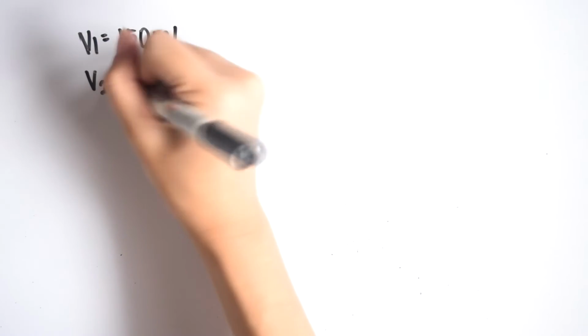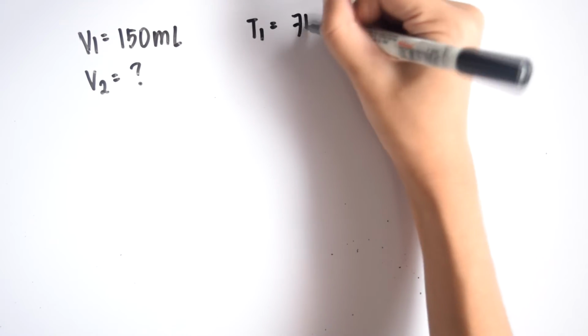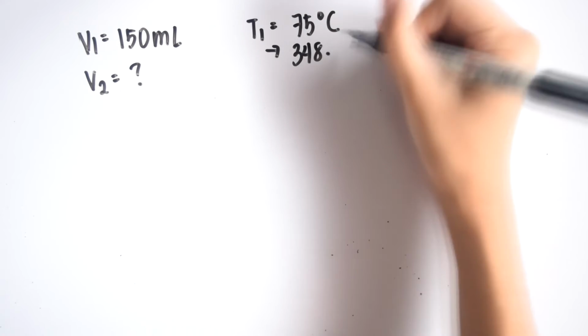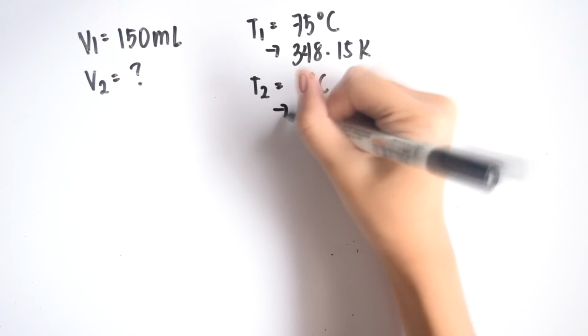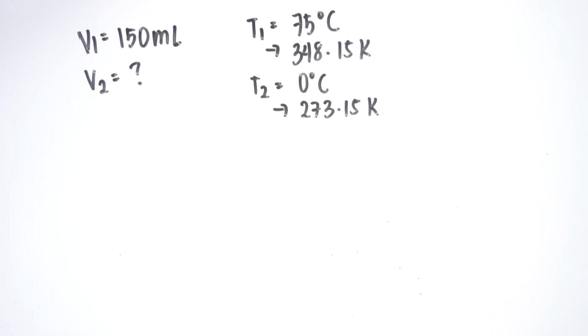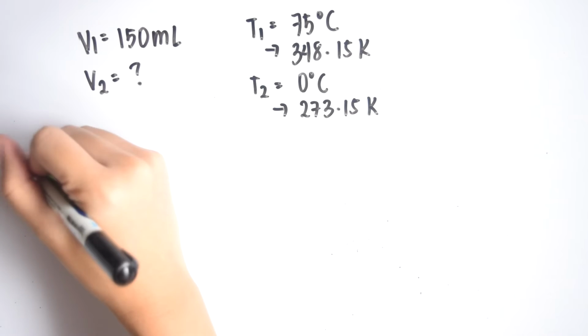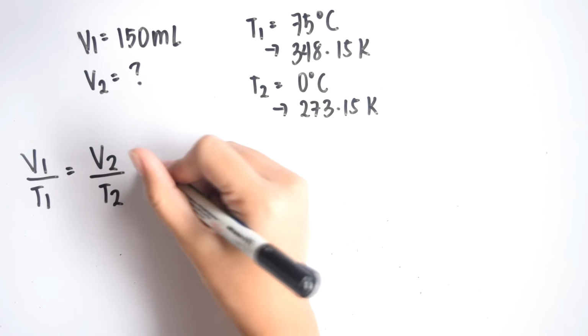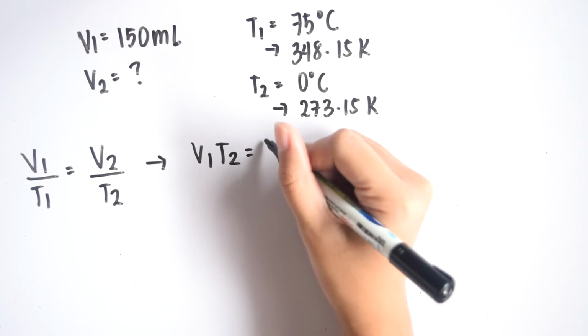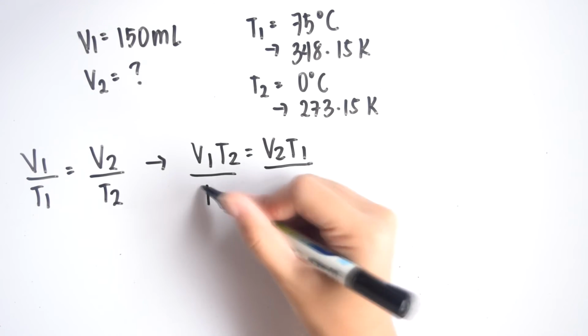Our initial volume is 150 ml, our final volume is not given, our initial temperature is 75 degrees Celsius, which will become 348.15 Kelvin, and our final temperature is 0 degrees Celsius, which will also be converted to Kelvin and will become 273.15 Kelvin.